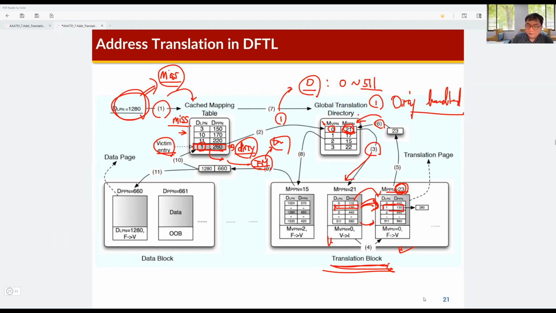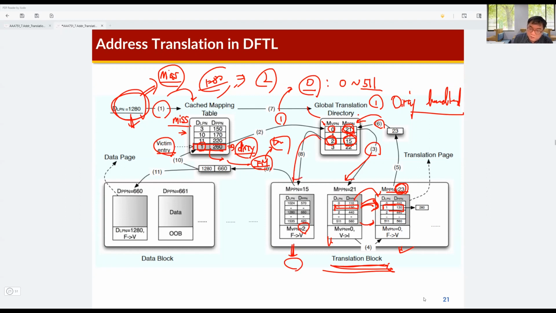In order to find the appropriate translation block, we need to access the global translation directory also. Because this logical page number is 1280, this can be translated into 2. So this number is 2, and then we can get the physical block address for this translation table.